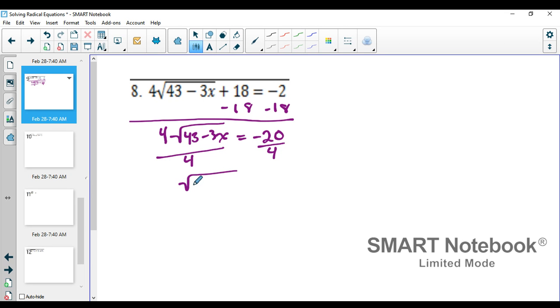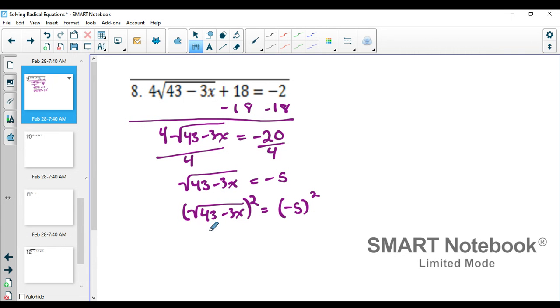So we have the square root of 43 minus 3x equals -5. And now since it's square root, we're going to square both sides. So we have the square root of 43 minus 3x squared equals -5 squared.